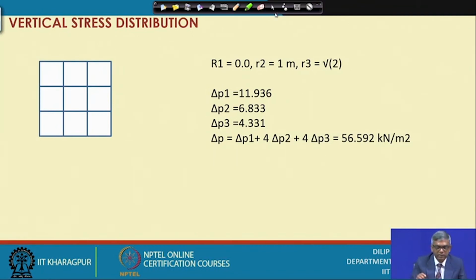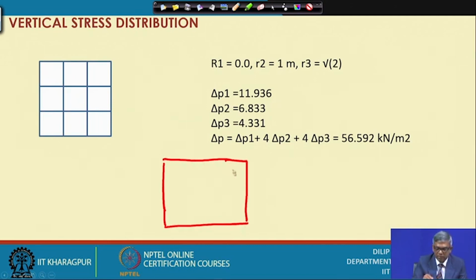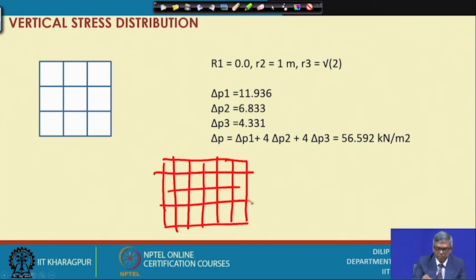So, this is the application. Obviously, when more accuracy is required, I can divide into a bigger number of meshes, number them, and from symmetry locate the center, and from the center distances find del P1, del P2, del P3, del P5 like that, and then sum up to get the total effect.